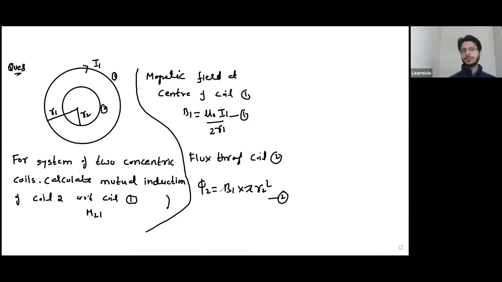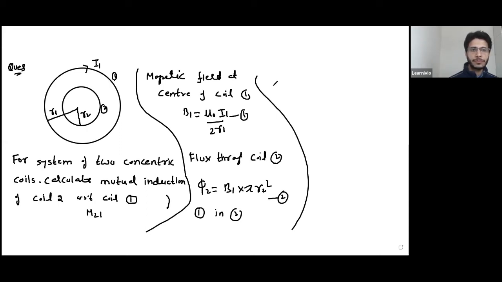You can easily substitute the values of 1 and 2. If I substitute 1 and 2, then you will get that phi 2 is B1, which is mu naught I1 by 2R1 into pi R2 square. So that's phi 2.